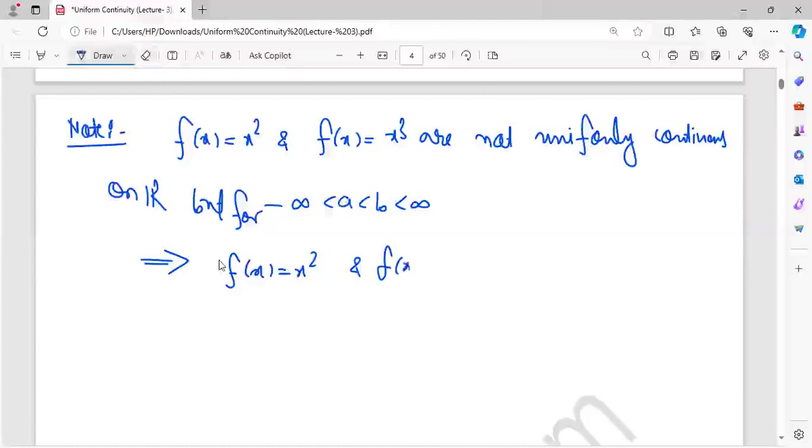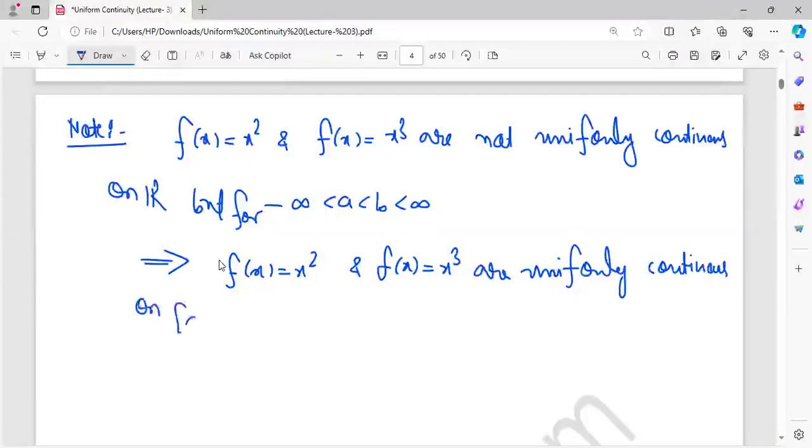f(x) equal to x cube are uniformly continuous on AB because they are continuous functions on any closed interval. Because they are continuous on the whole real line, you take any closed, bounded interval, these functions are going to be continuous.